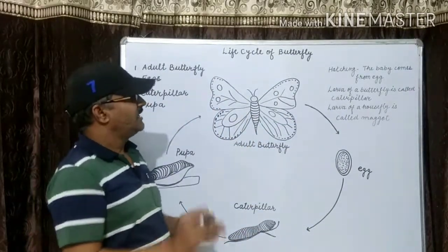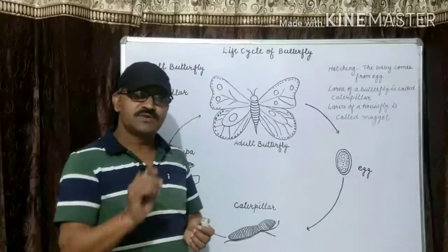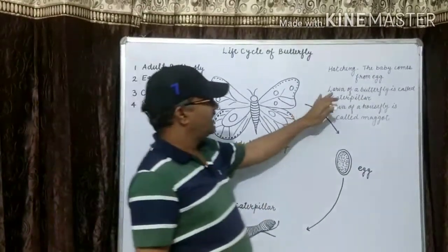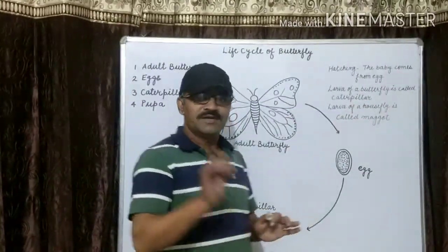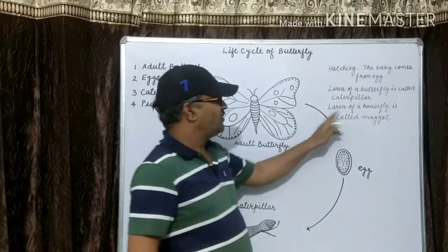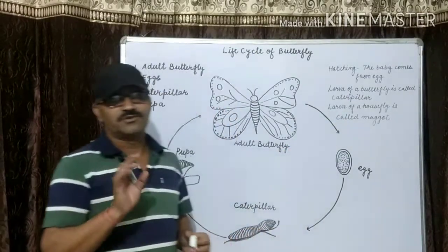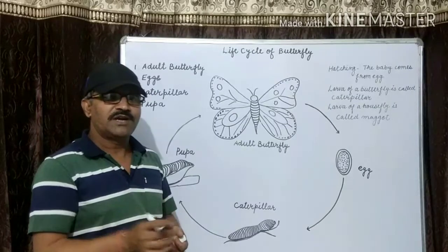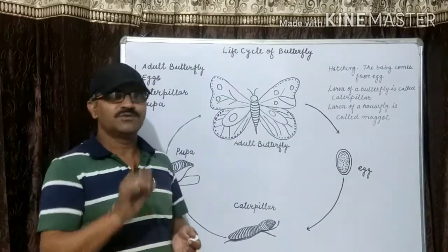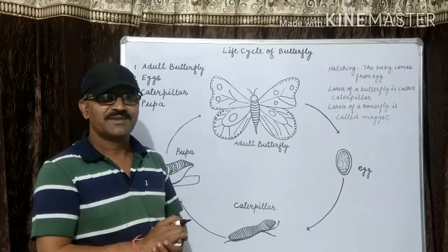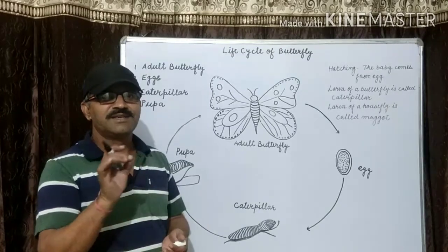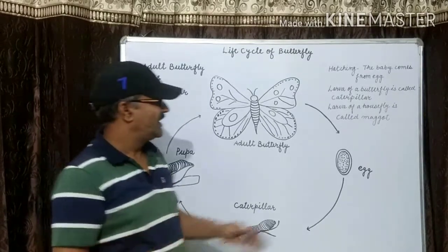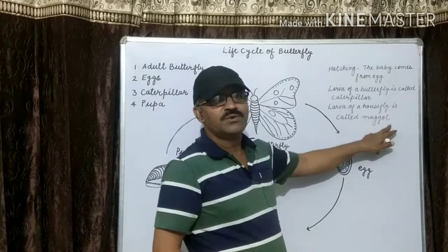Hatching you know very well. The baby comes from the eggs is known as hatching. Second one, larva of a butterfly is called caterpillar and larva of a housefly is called maggot. What do we call the larva of a housefly? Your answer is maggot.